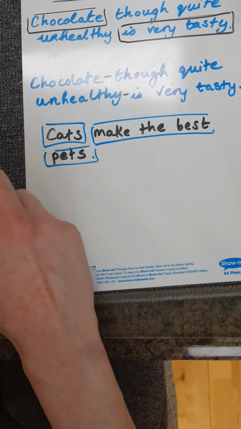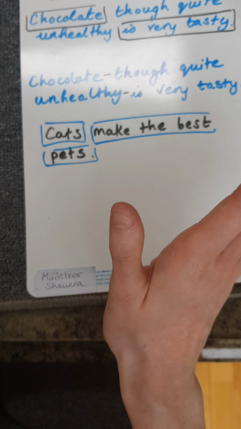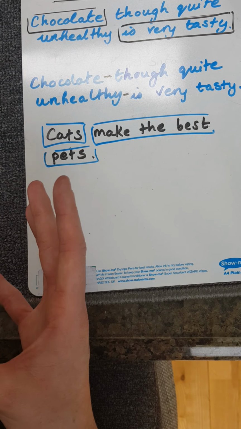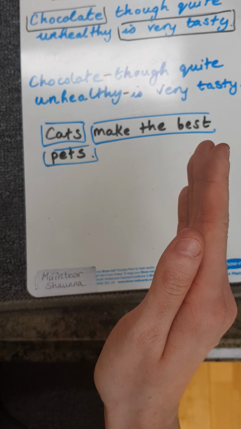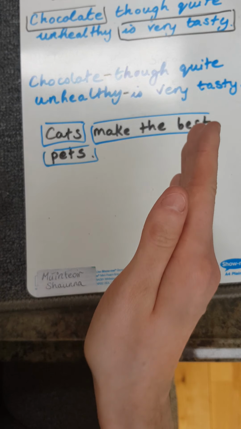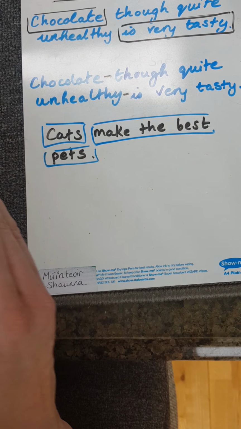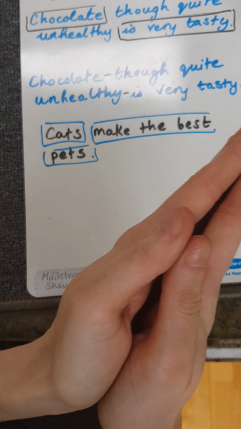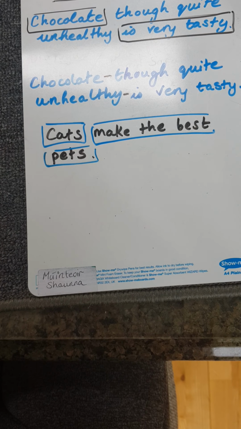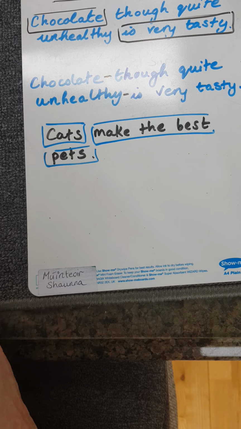I'm making this up now, but as I said, it doesn't matter what you write down, it's just to get the structure of the sentence right. So I want to add in, though they have very sharp paws. So cats, though they have very sharp paws, make the best pets, or paws or claws, right?